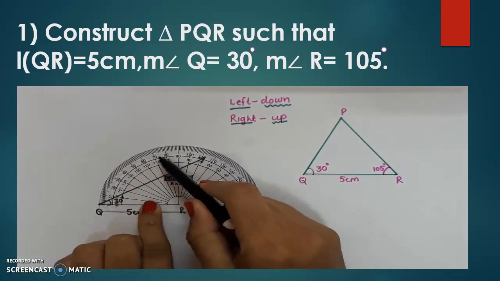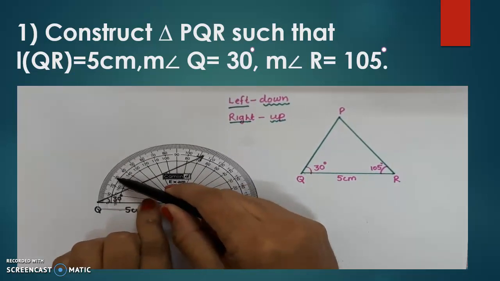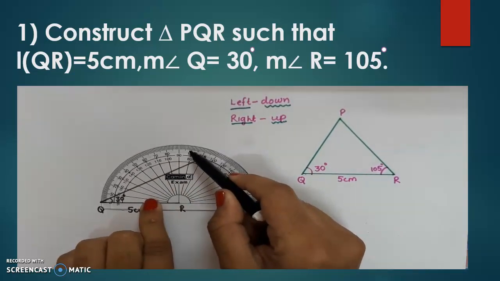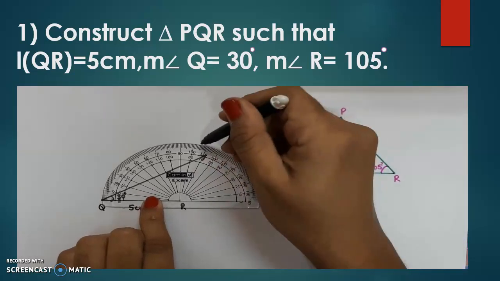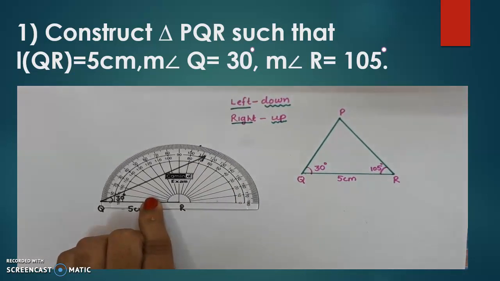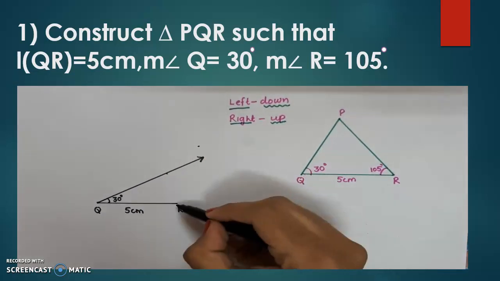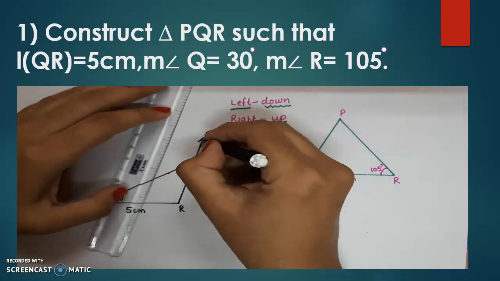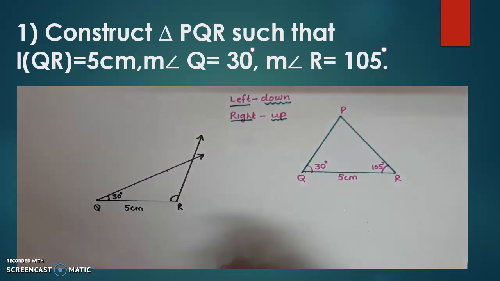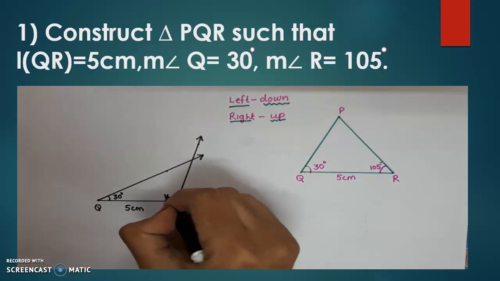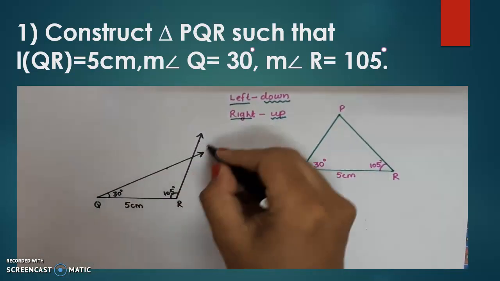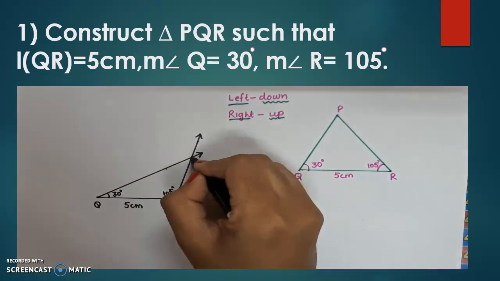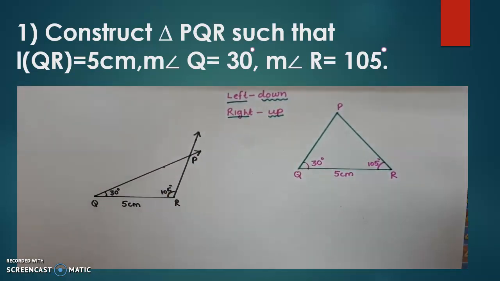We'll start from here: 10, 20, 30, 40, 50, 60, 70, 80, 90, 100. After 100, the fifth line will be 105. Now this point we will join with R. Here we will show the angle symbol and write 105 degree. Where both the rays intersect each other, this point is nothing but point P. So here we will label it as P.